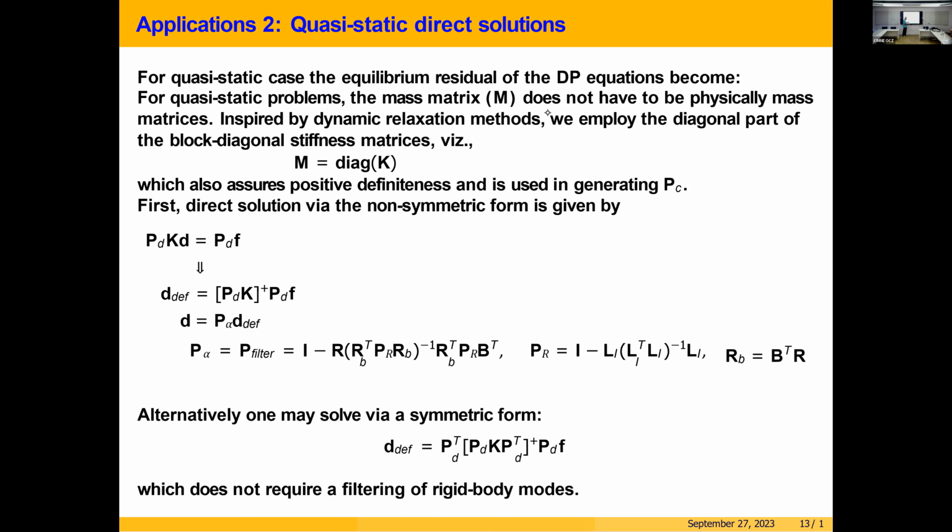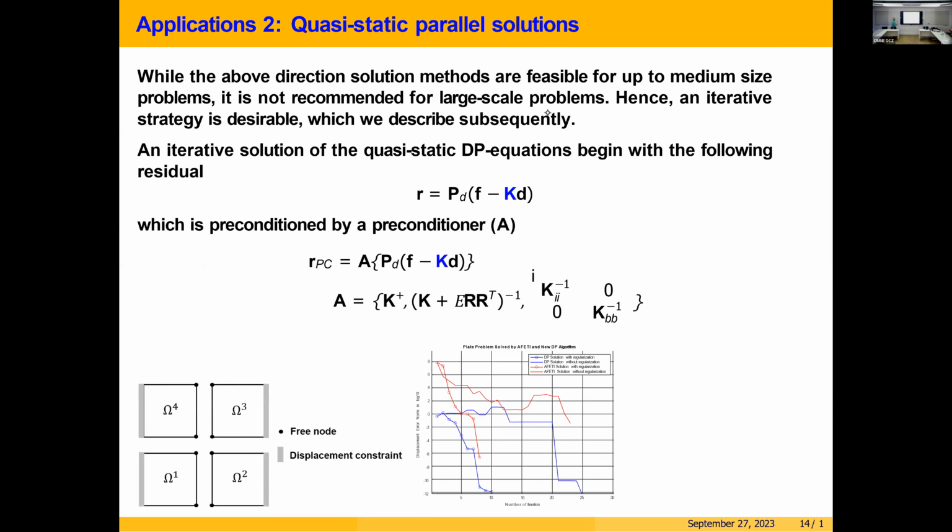Once we have this deformation solution with the generalized unassembled matrix, you can get the displacement automatically. But that's not very nice. So what we do is we put it in the residual form.